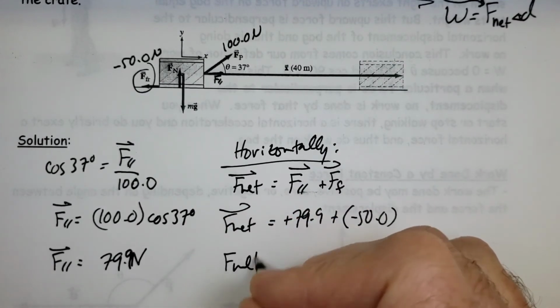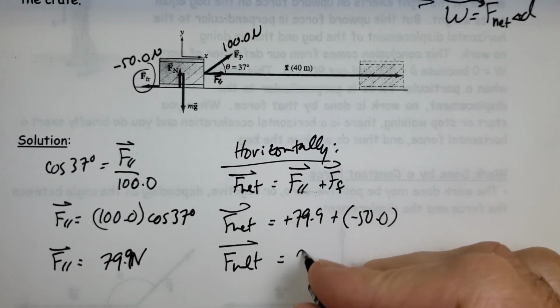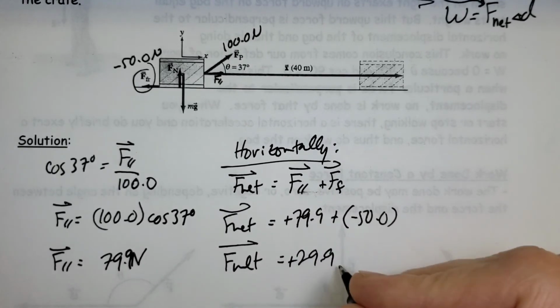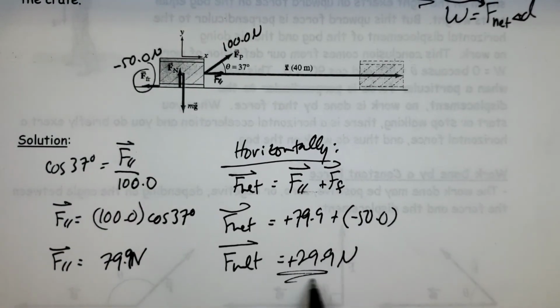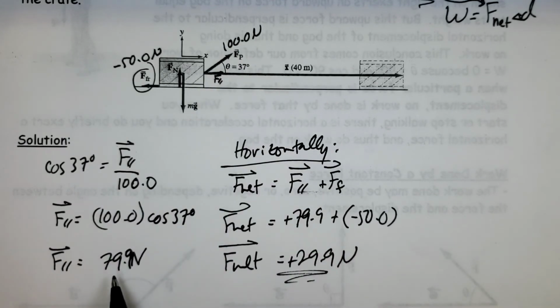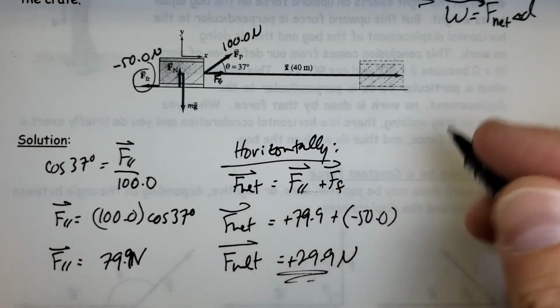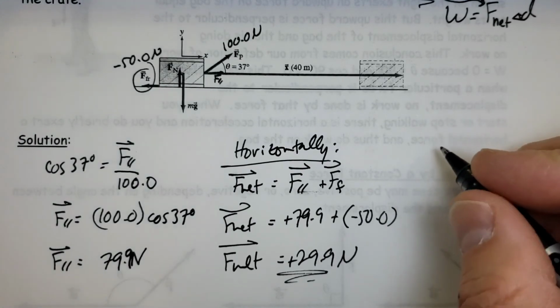So that's going to give a net force of 29.9, going to the right. So overall, even though you're pulling with enough force to have 79.9, the 50 is going to subtract some off so that you end up with an overall net force of 29.9 newtons.